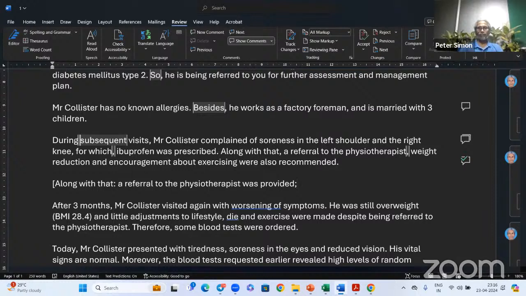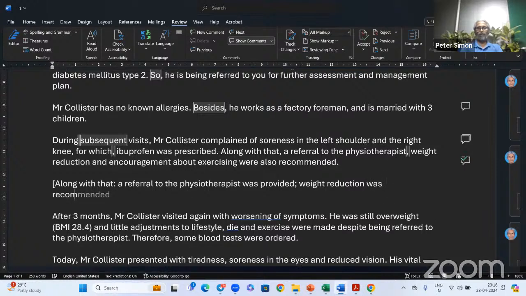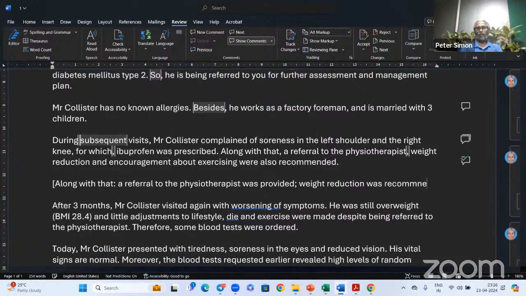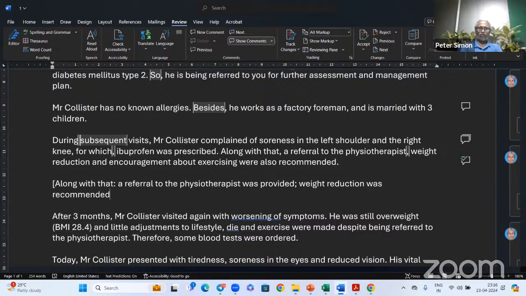Then weight reduction was recommended, semicolon, and encouragement about exercise was given.